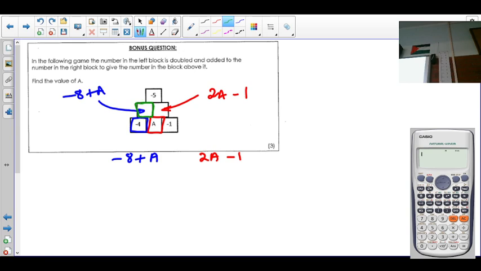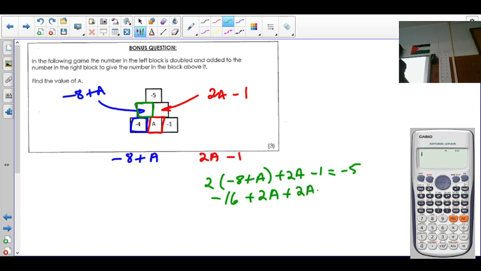So if I double negative 8 plus 8 and add it to the number in the right block, it must give me an answer of negative 5. So now it's a matter of solving for it. Negative 16 plus 2A plus 2A minus 1 is equal to negative 5. That's going to give you 4A is equal to negative 4.